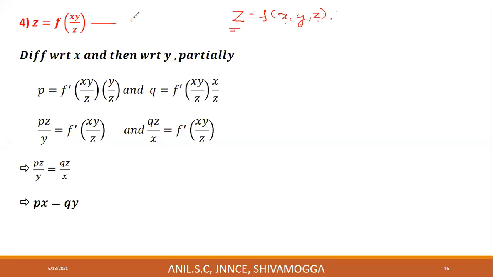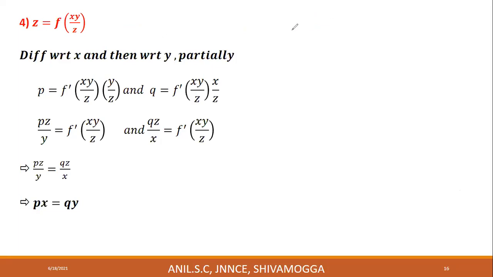Differentiate this equation number 1 partially with respect to x. You just treat this z as constant. No problem. Z is equal to f of xy divided by z. Differentiate 1 partially with respect to x first. Differentiate z partially with respect to x.